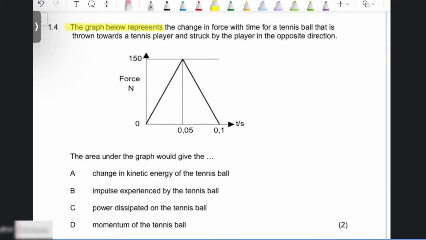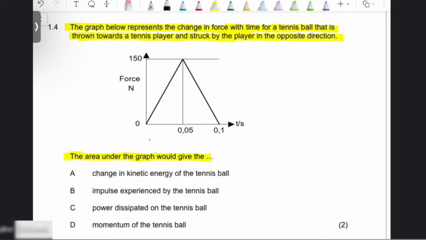1.4, it says the graph below represents the change in force with time for a tennis ball that is thrown towards a tennis player and struck by the player in the opposite direction. Okay. So what would the area under the graph give us? Well, this is some version of force times time, right? Because this is going to be some base times a height.